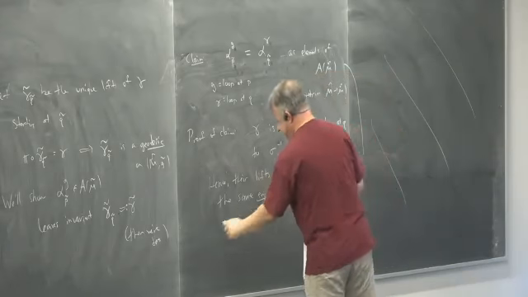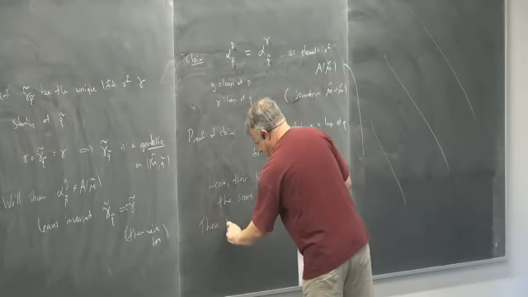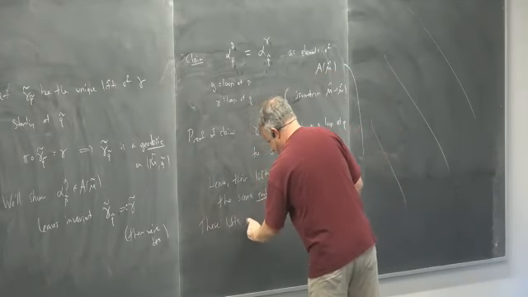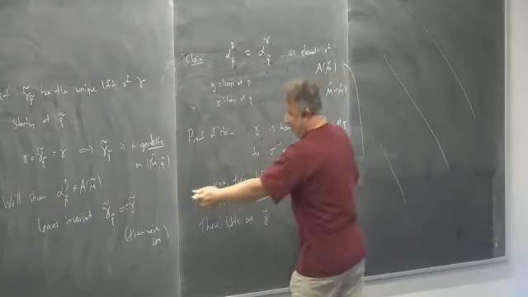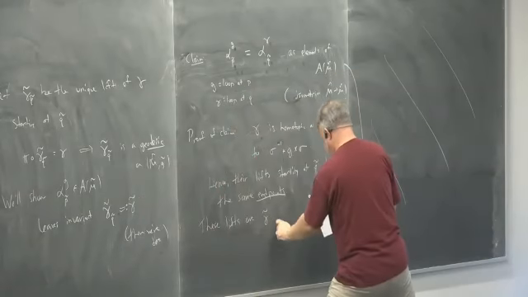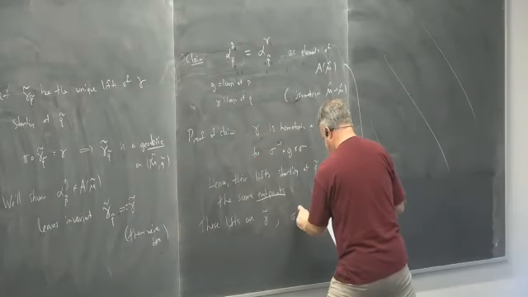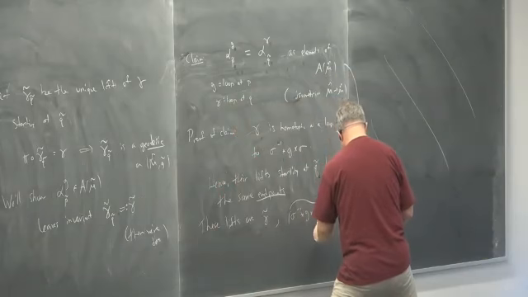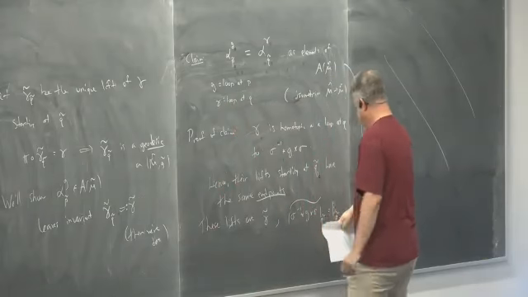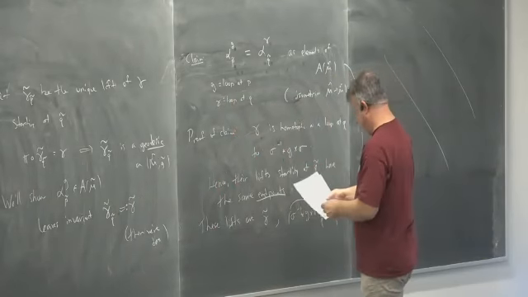And these lifts are, well, when I lift gamma to start at Q tilde, it's what I call gamma tilde. And the other one is sigma inverse G sigma lifted at Q tilde. And this is what I called beta Q tilde on that board on the left, which is still there.